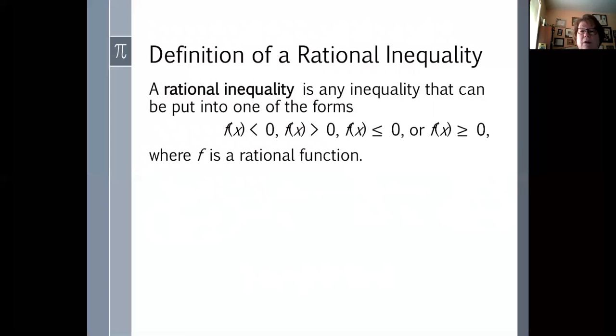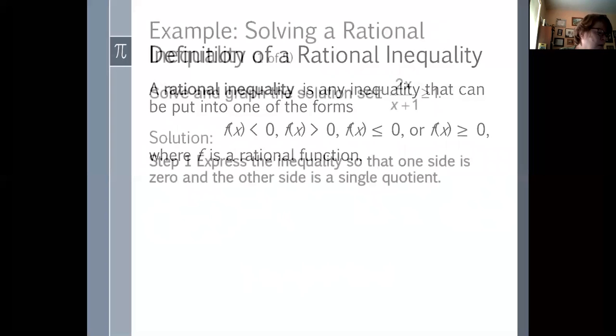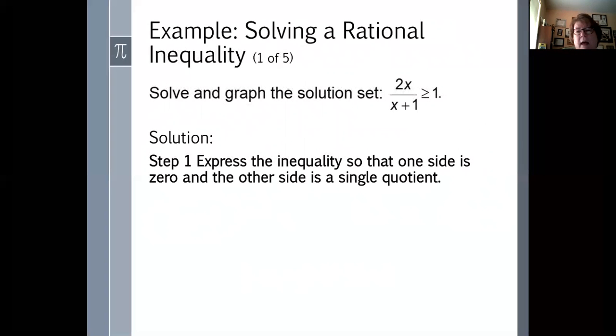As you recall from the last section, what makes a function a rational function is that it's the ratio of two polynomial functions. So the numerator is a polynomial and the denominator is a polynomial.